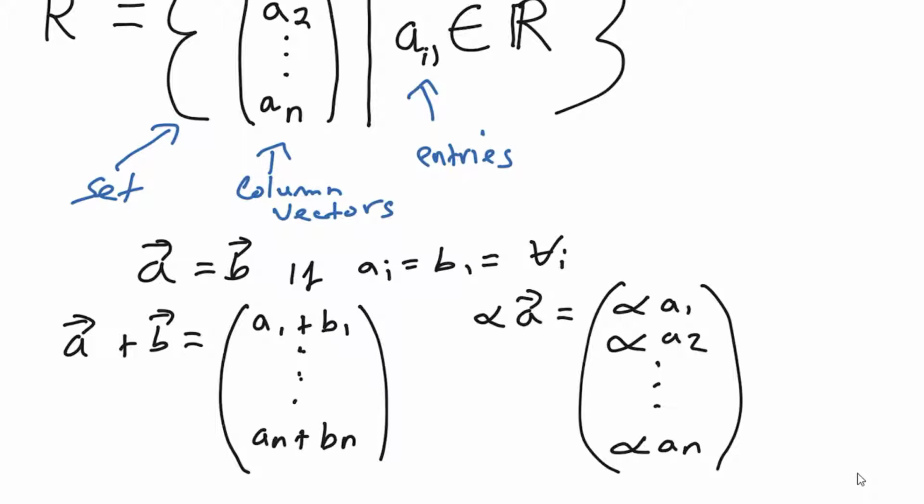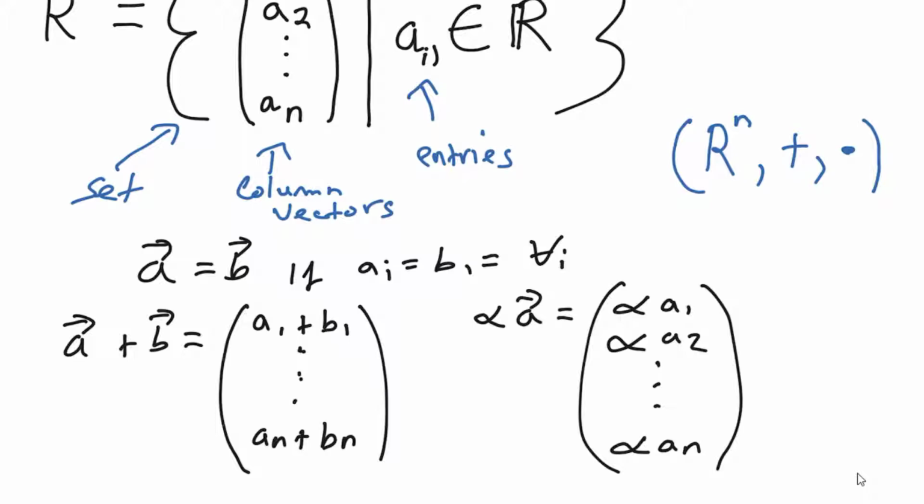So we can write it out in these parentheses. We can do Rn, comma, addition. So we can do addition of vectors, and then comma, and we can do the dot, which is multiplication by scalar. And this is our structure.